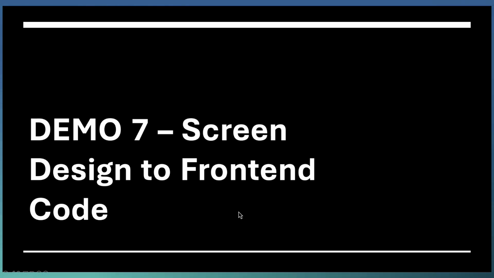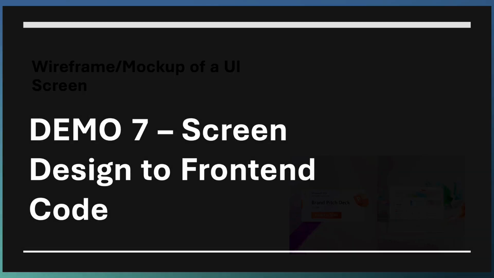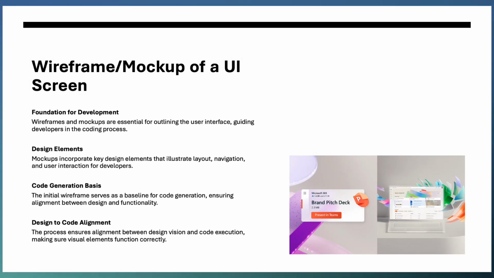The next one is screen design to front-end code. Designers normally pass the screen designs in an image format. They can use any of the technologies and come up with a great screen design. The developers look at the screen, understand the colors or themes used and the placement of each element, and come up with the code.